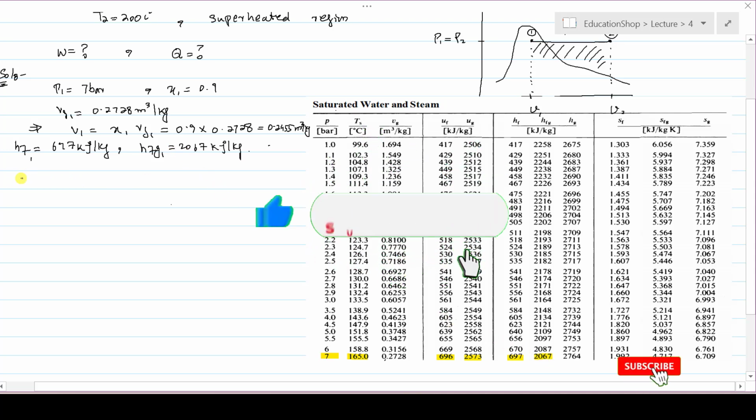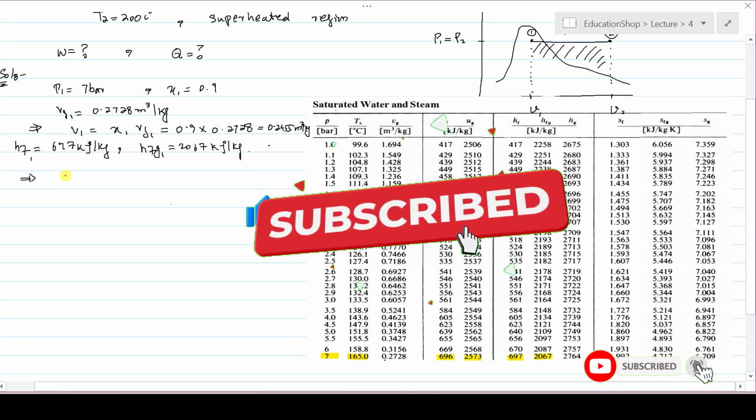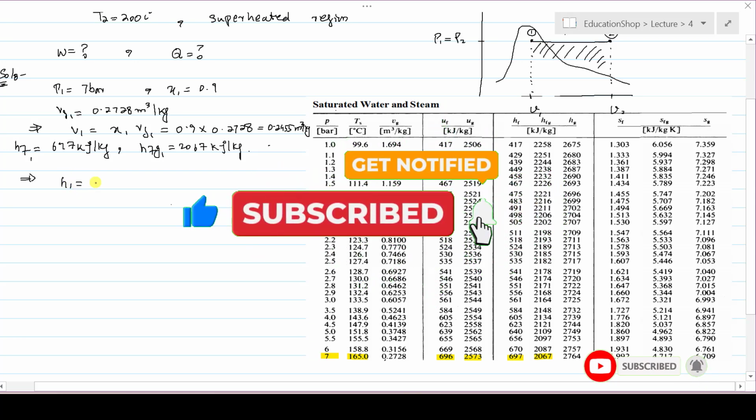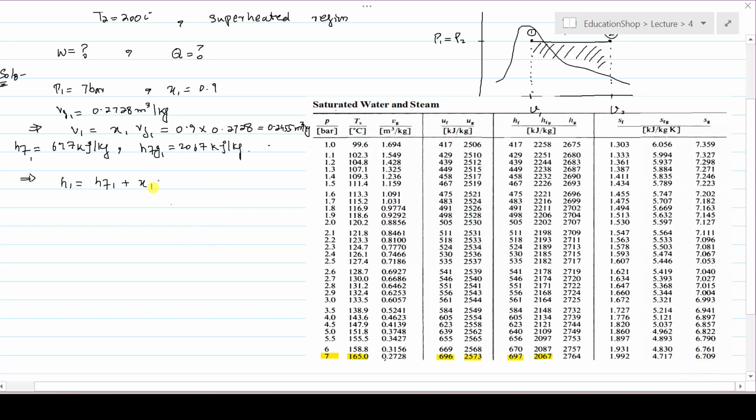The initial enthalpy at this state of the steam is H1 equals hf1 plus x1 times hfg1. Just put the values in this formula and after solving you will get the enthalpy H1, which is equal to 2557.3.